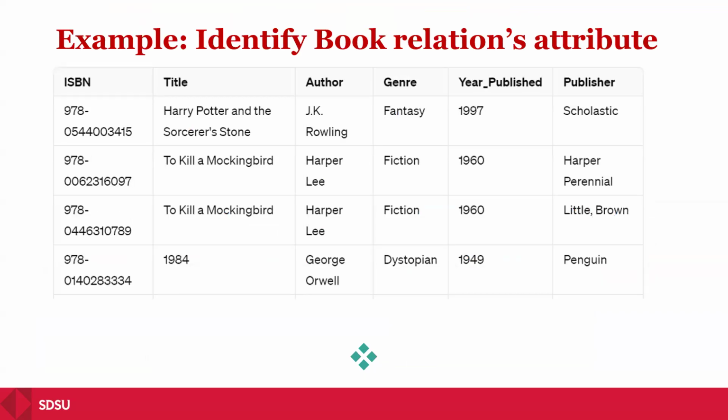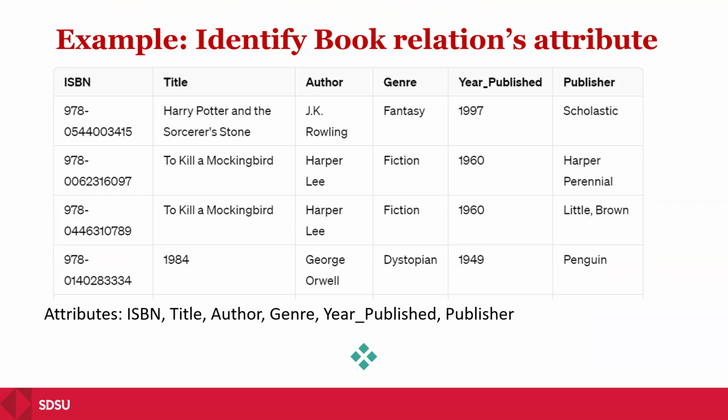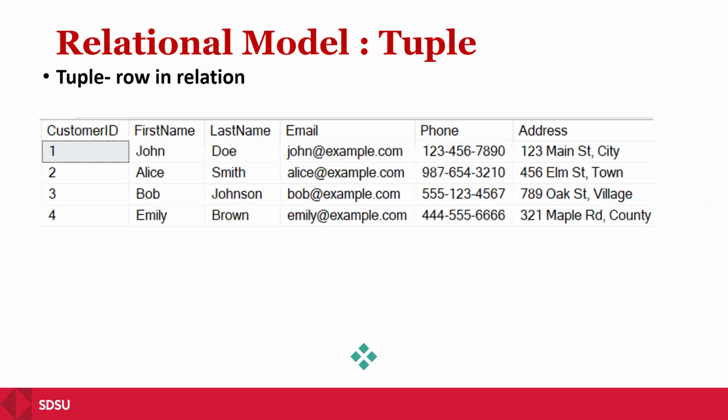Now look at this example and identify the book relation attributes. It's pretty simple. We have columns, and those are the attributes of the book relation: ISBN, title, author, genre, year published, and publisher. So columns are attributes.